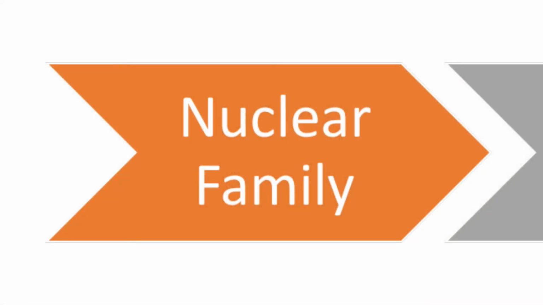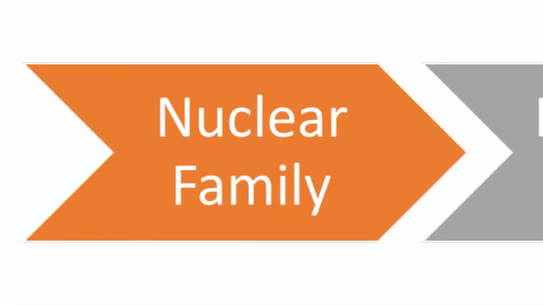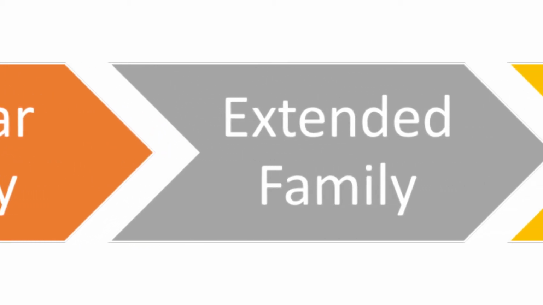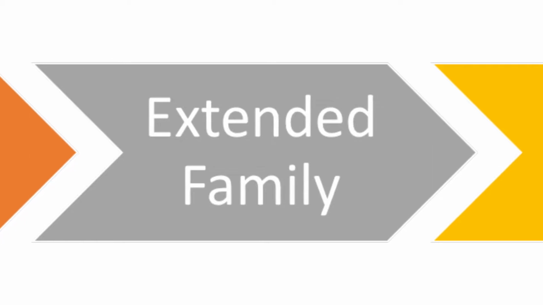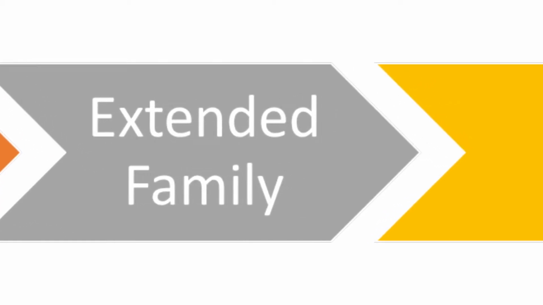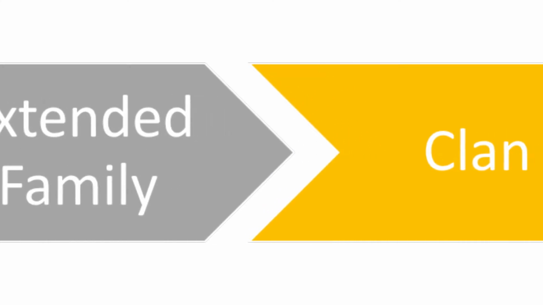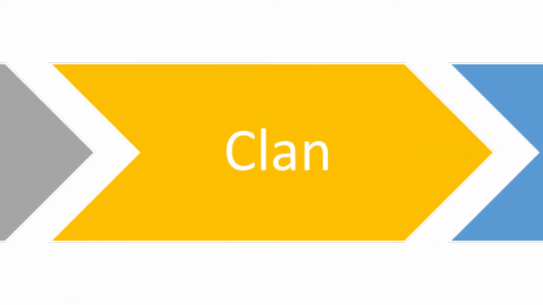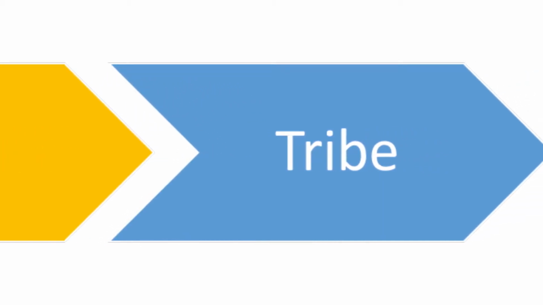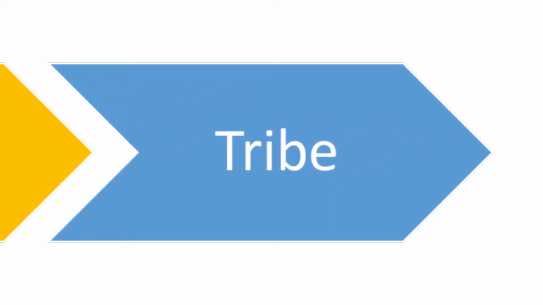It started with a nuclear family, parents and their offspring, so parents and children, and then groups of nuclear families that were related to each other were called extended families. Extended families who shared a common ancestor were organized into clans, and clans, which originated from a common ancestor, were organized into tribes.